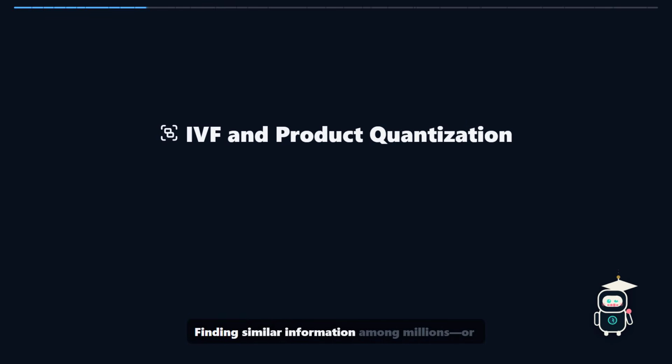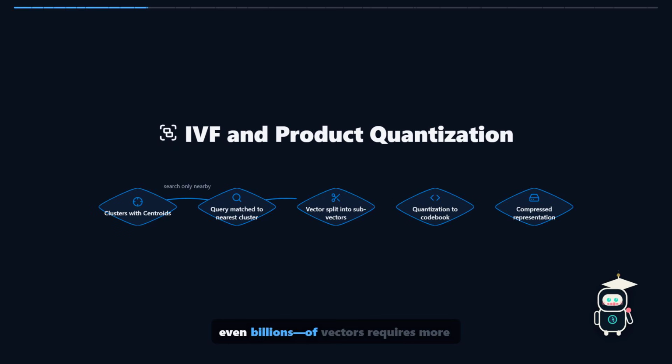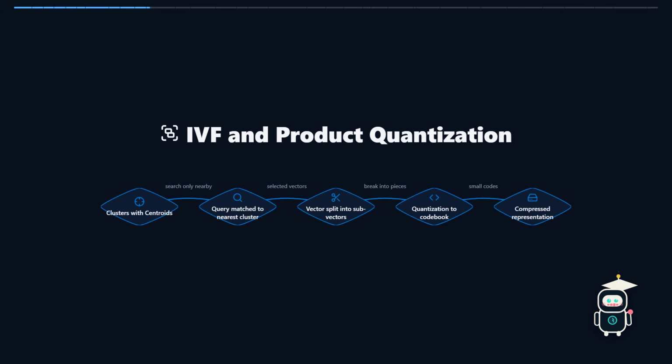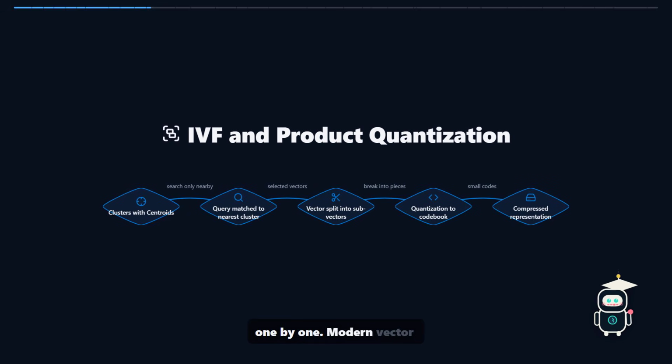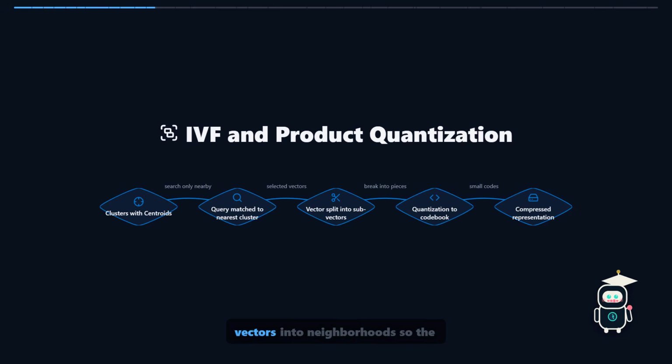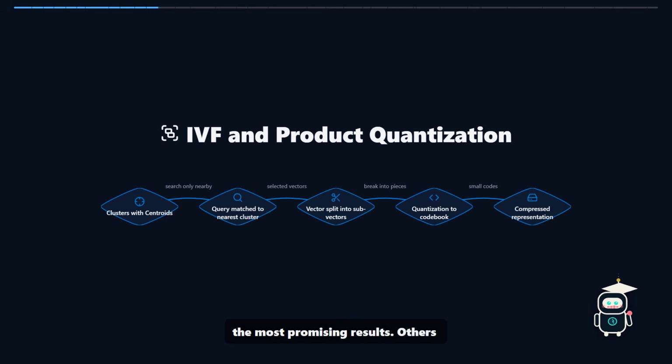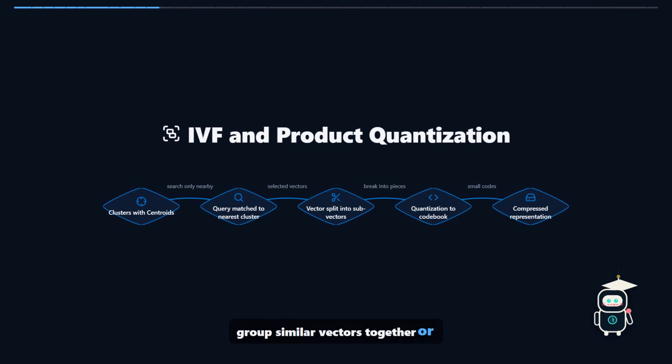Finding similar information among millions, or even billions, of vectors requires more than simply comparing every record one by one. Modern vector databases combine several indexing techniques to make retrieval both fast and scalable. Some methods organize vectors into neighborhoods so the search can quickly navigate toward the most promising results. Others group similar vectors together or compress them so much larger datasets fit efficiently into memory.